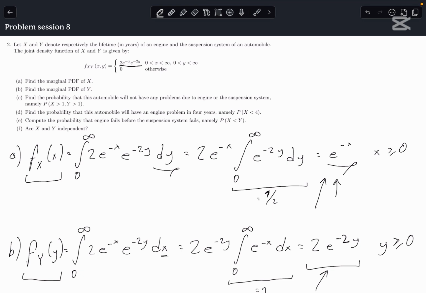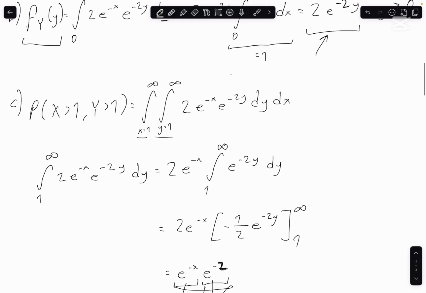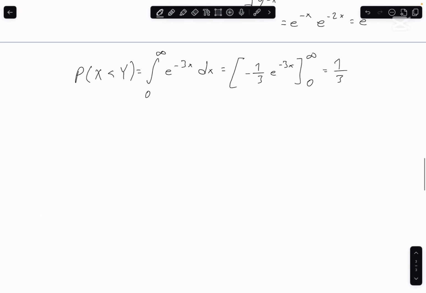Part F. Are x and y independent? To check whether x and y are independent, we use the criterion that they are independent exactly when this rule holds. Let me write the rule.